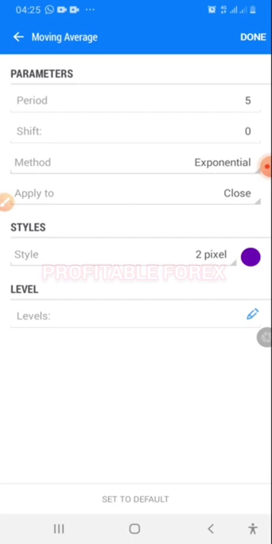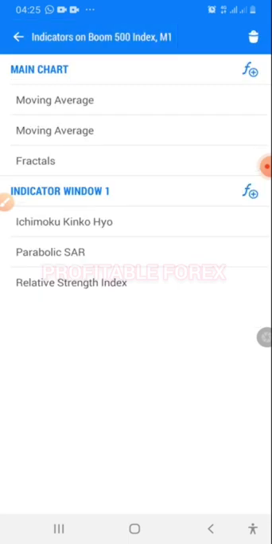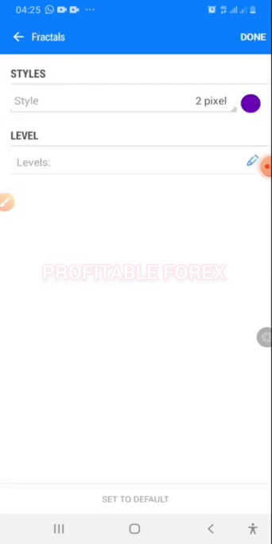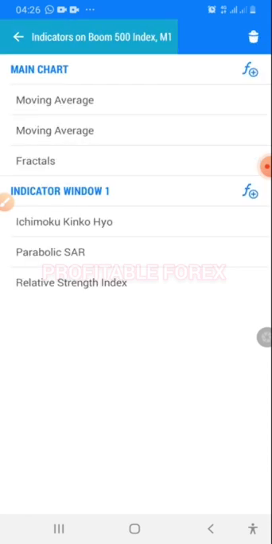You can use any color of your choice and click done. Then we have the fractals, which are not very important. I didn't talk about fractals in this, but I just use them to mark out possible resistance and support zones.